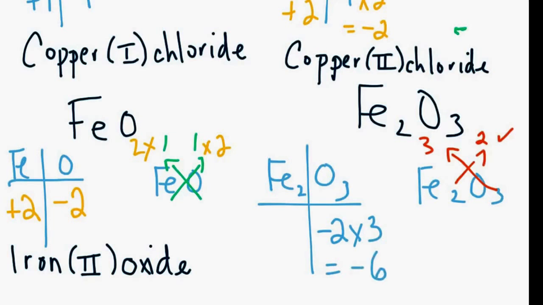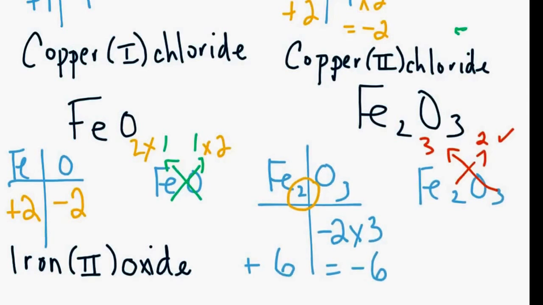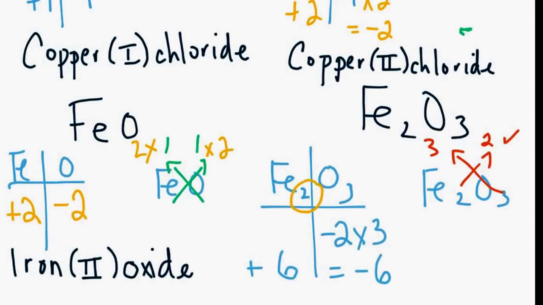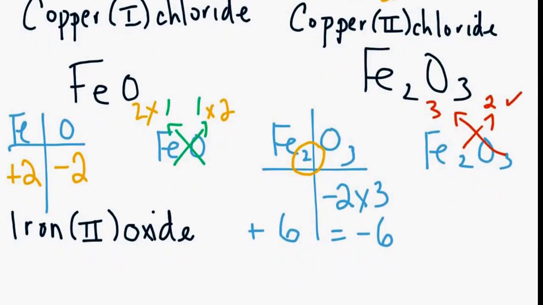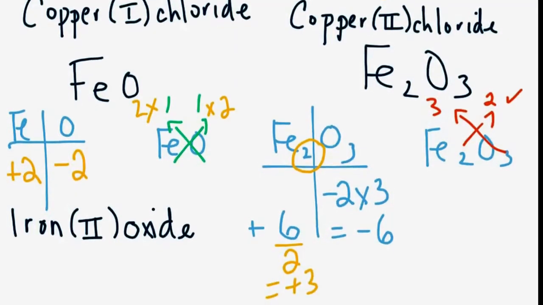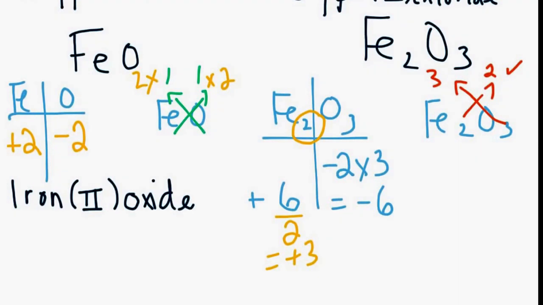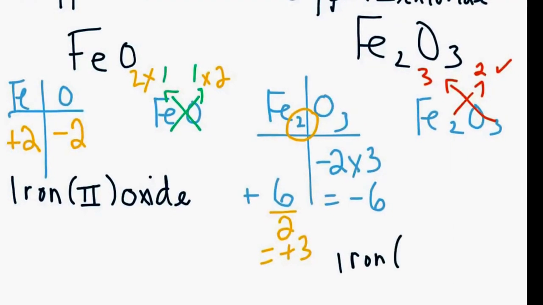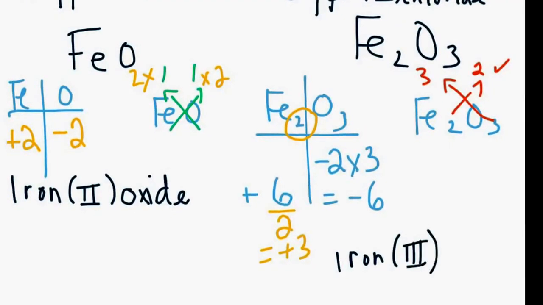So the total positive has to be +6, but there's 2 irons, so 2 Fe's make +6. So what you do here is you divide your total positive by the number of atoms, so you get +3. So both of these indicate that this is iron(3) oxide.